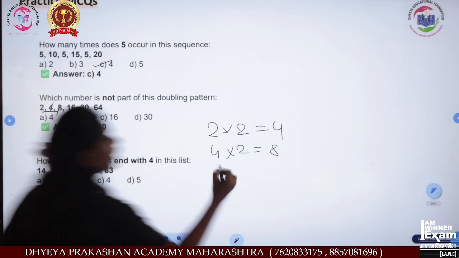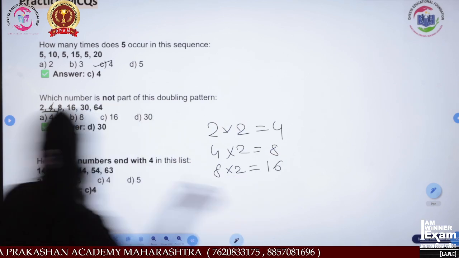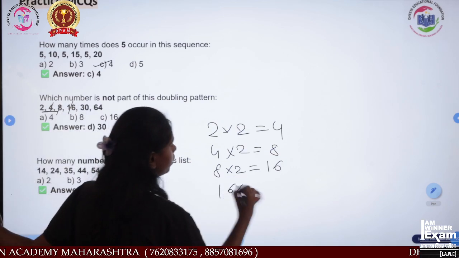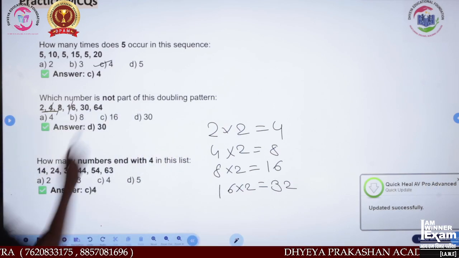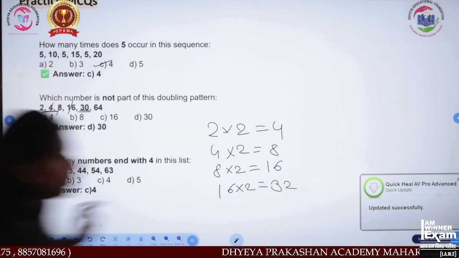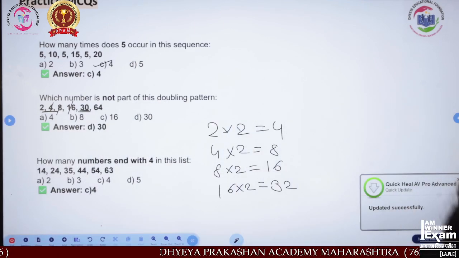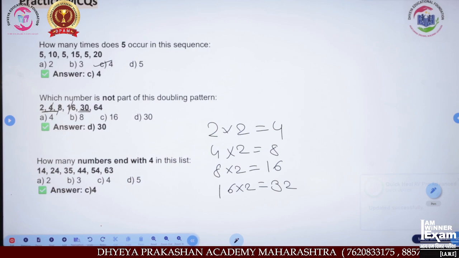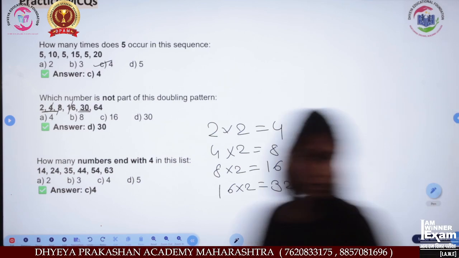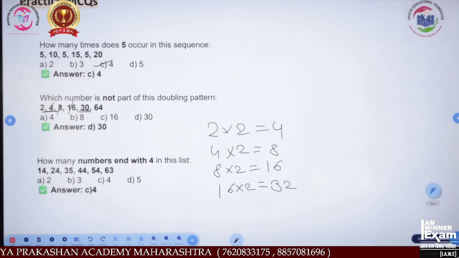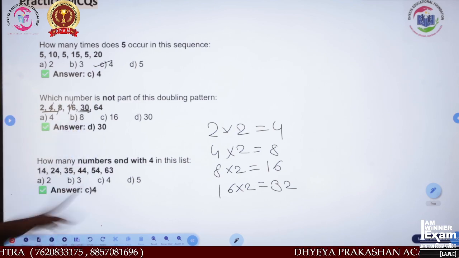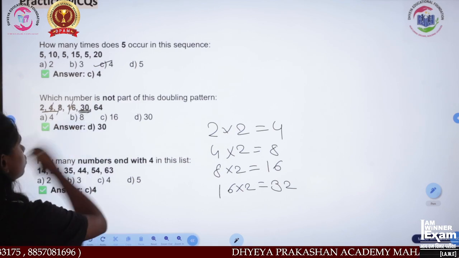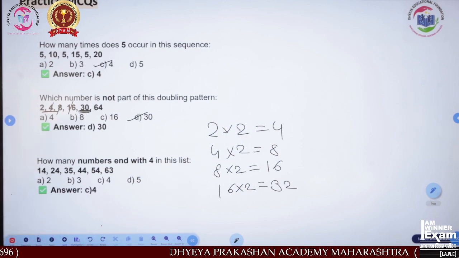You take 8, multiply by 2, you get 16. If you multiply 16 by 2, you get 32. Means here it should be 32, but here what is the number? That is 30, which is completely wrong, leading to a different series. So here it should be 32. The number which is not part of the doubling is 30. So answer D will be the correct option.